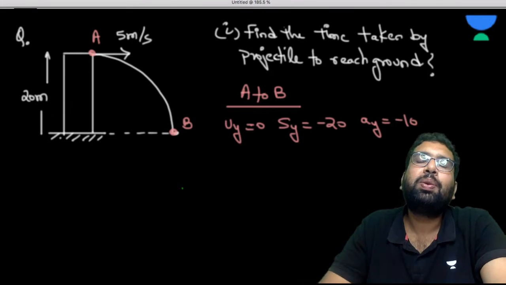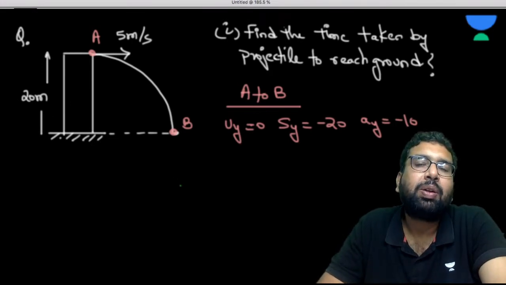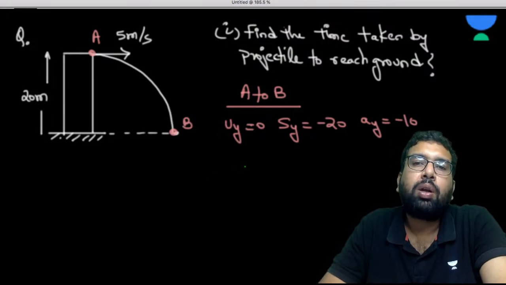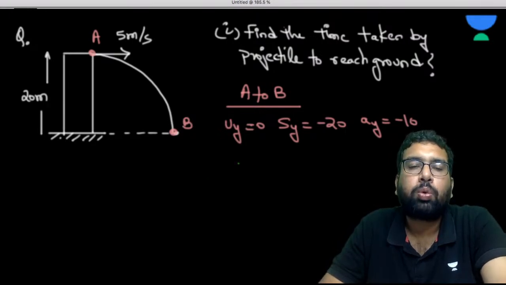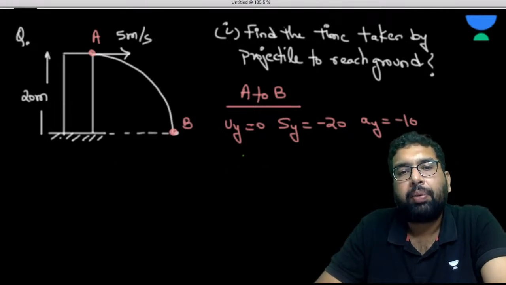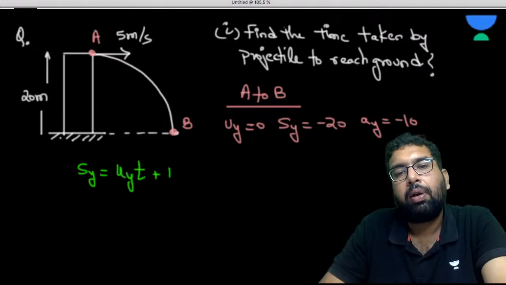We are going to use the same equations that we have been using for quite some time. That is why I call this whole thing kinematics. Motion in a plane can also be solved with those equations only. So can I write sy is equal to uy t plus half a t square? This equation we learned to use.